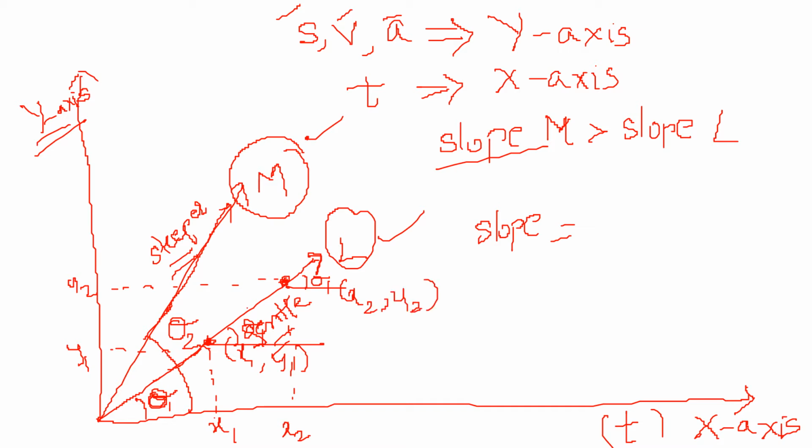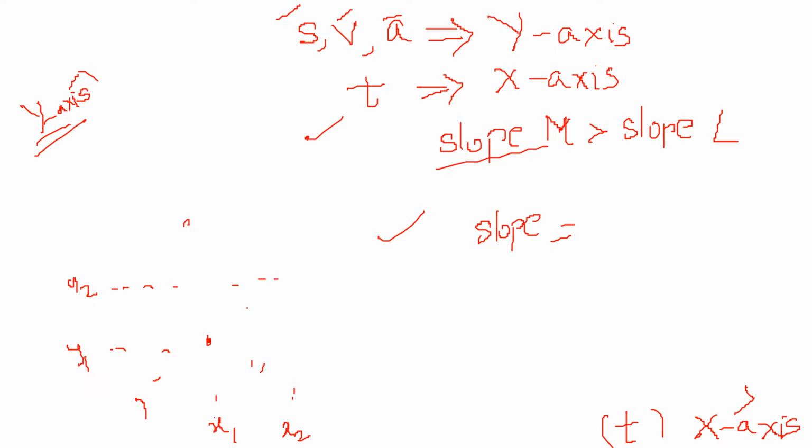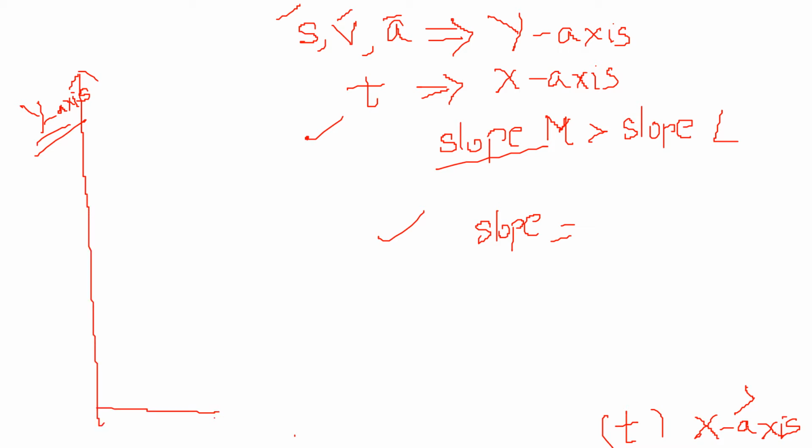Let me erase this so it will make it more clear. Now we understood that if the angle increases, the value of the slope will increase. So this is our y-axis and this is the x-axis, right? Now we want to find the slope of this line.